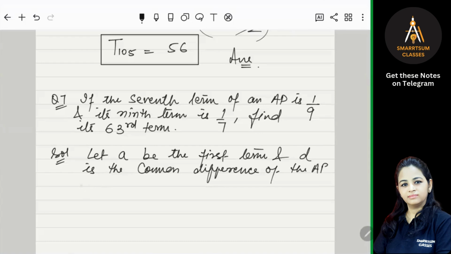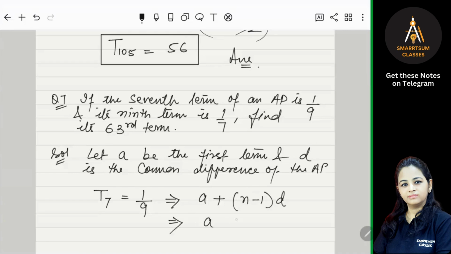Now, T7, because the 7th term is given here. So T7 means the 7th term is 1 by 9. T7 is 1 by 9. So can we write T7 as A plus 6D? Yes or no? Or you can say n minus 1 D, right?